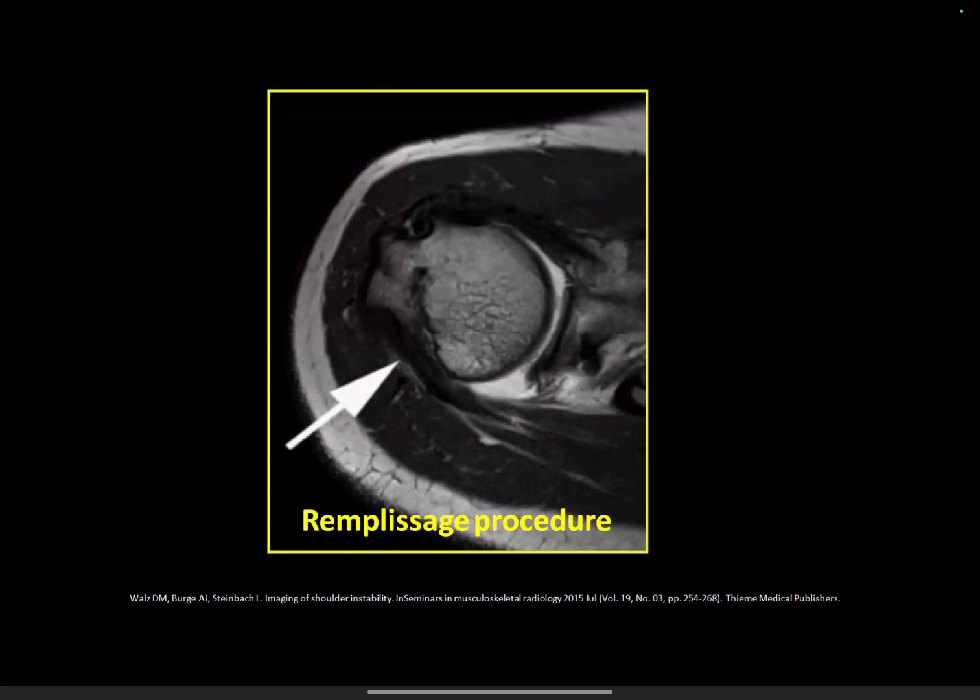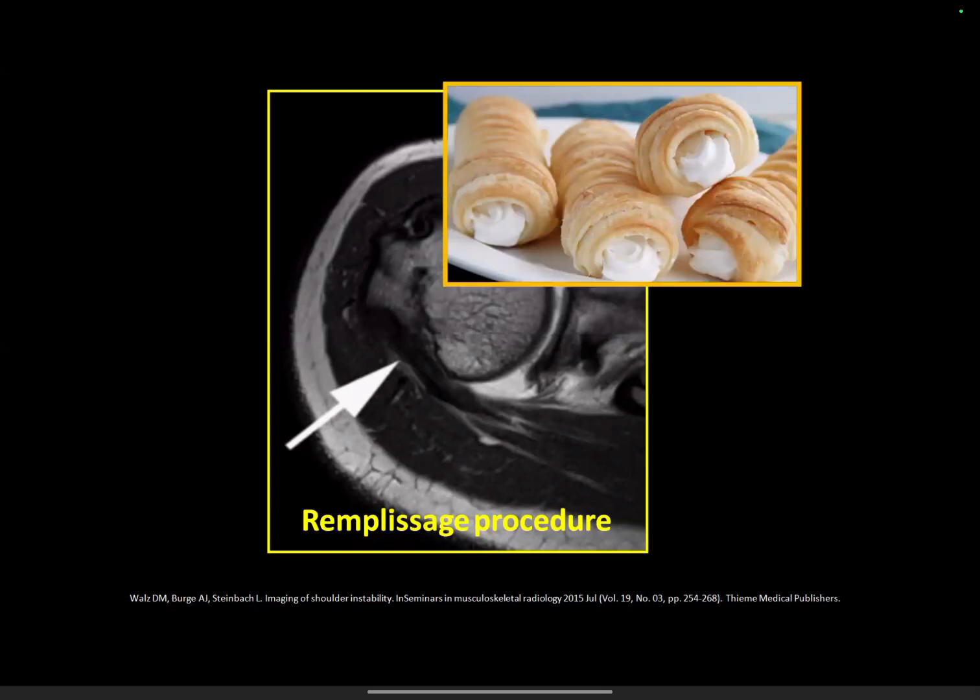Now, if the Hill-Sachs lesion was bigger than the Bankart or the glenoid defect, we need to fill this defect. One of the ways we do that is through the remplissage procedure, in which you fill this defect with the infraspinatus tendon. Quite like a puff pastry, the filling in this setting will be the infraspinatus tendon rather than food.